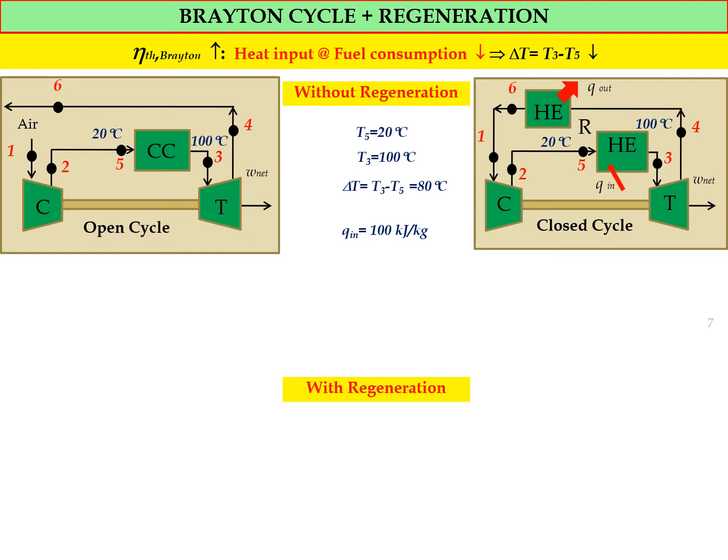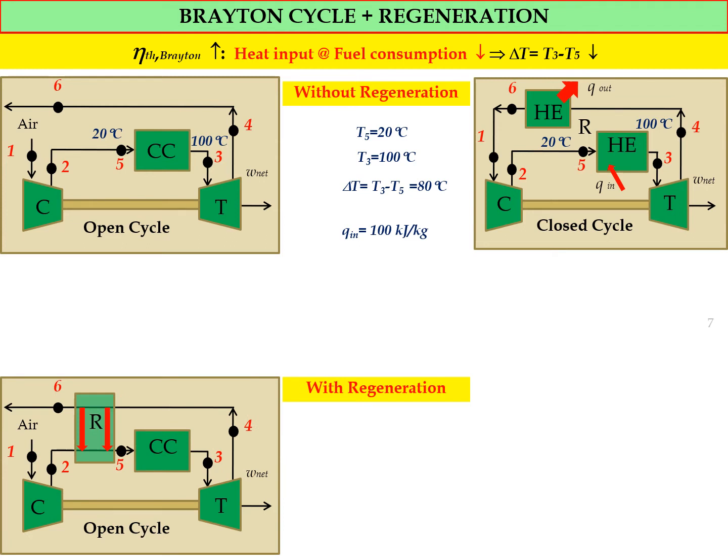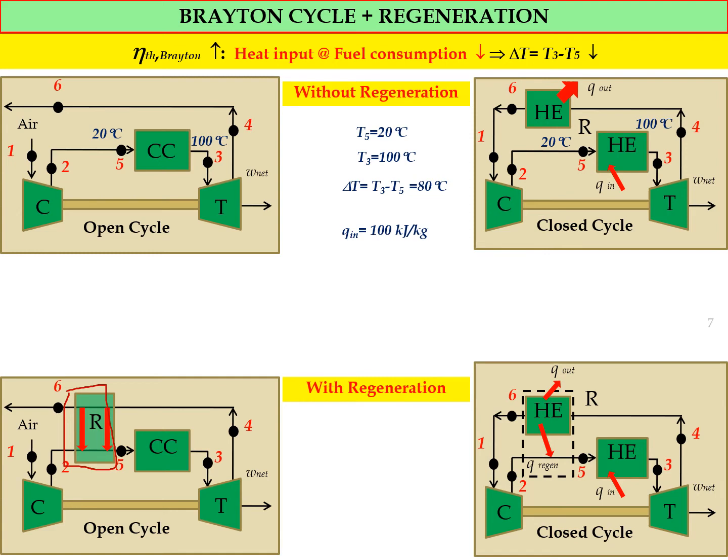Now we look into the system with regeneration, and this is the open cycle with regeneration. As you can see at state 6 here, we have regeneration. For the closed system, we have the heat exchanger with the Q out and also Q regeneration here.